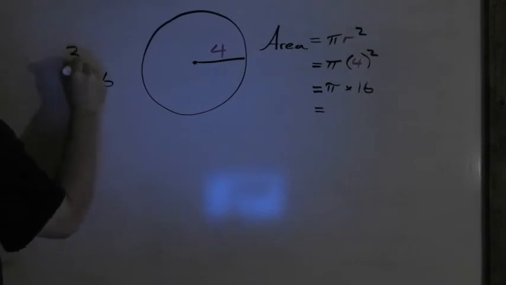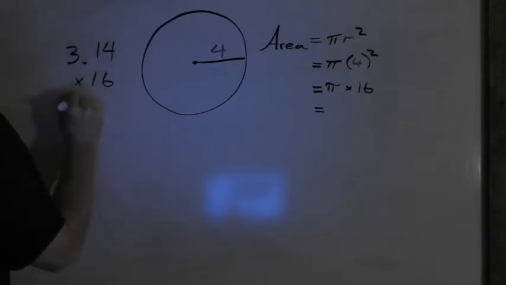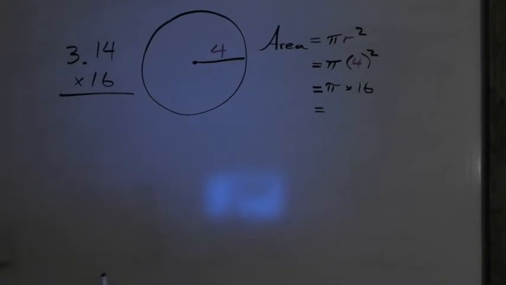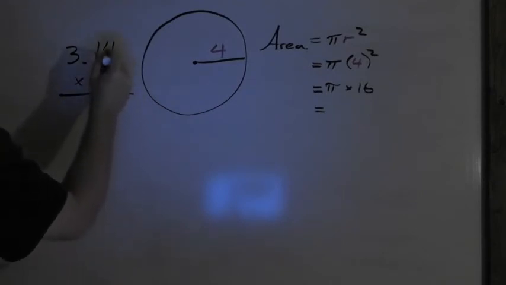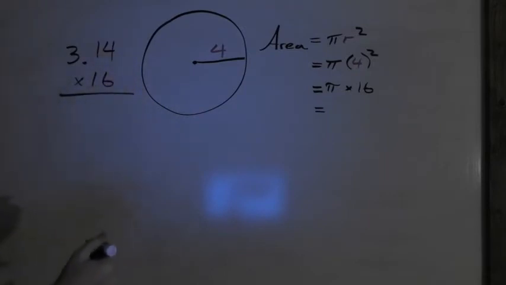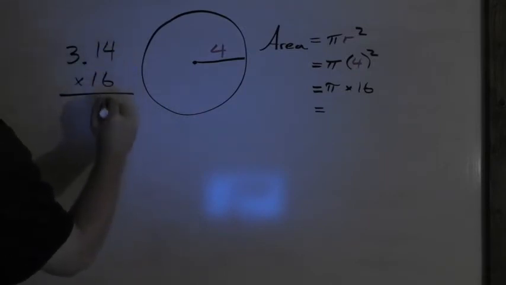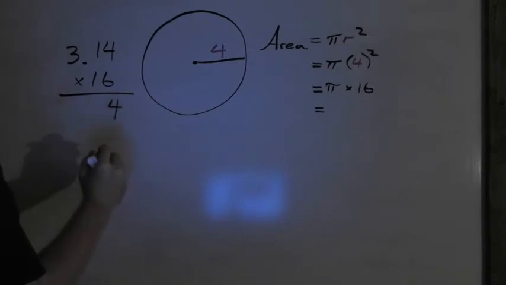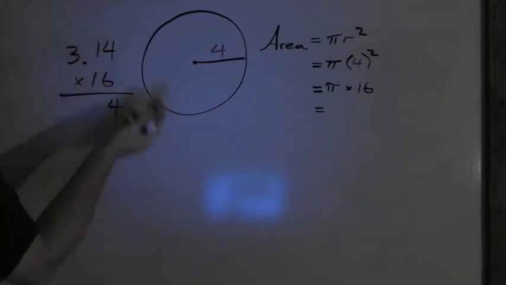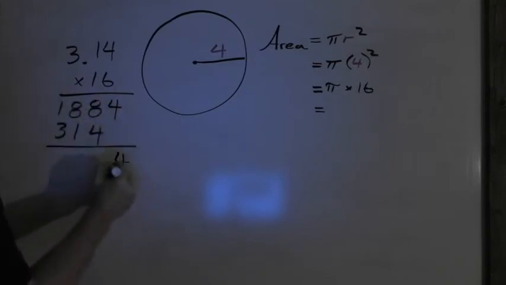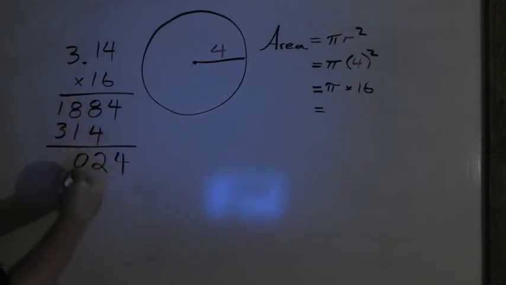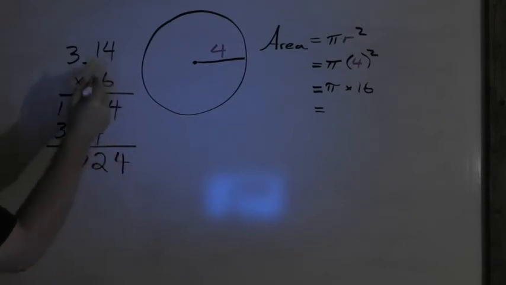If we wanted to go through and do the steps here, we would have 16 times 3.14. Looking at this, this is going to become a multiplication problem. You guys can work this out. 6 times 4, 24. 6 times 1 is 6. 6 times 3, 18. 1 times 4, we're going to have a 4 here. 1 times 1.